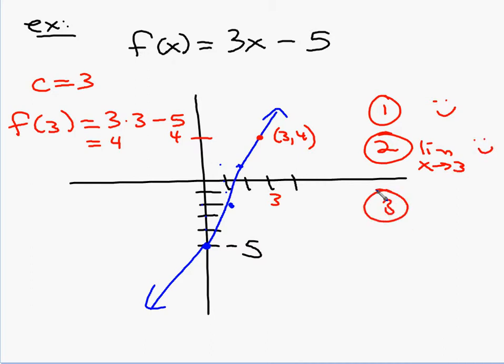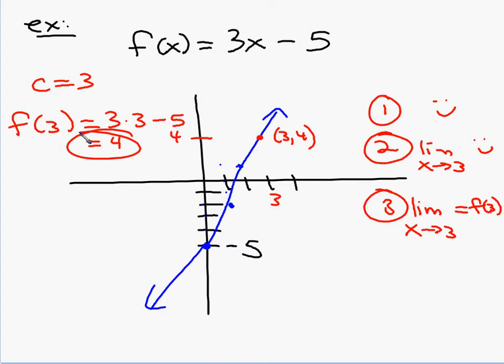Number 3. Does the limit as x approaches 3 equal f of 3? It does, doesn't it? Didn't we find out that f of 3 is 4? So right here's 4.